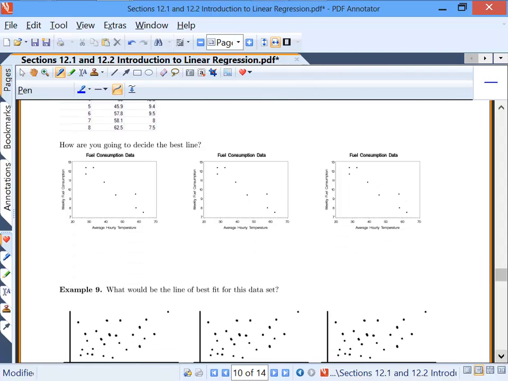Okay. So how would you decide the best line? For this data set, I've drawn the scatter plot. What would the best line look like for you? Everyone on your notes, draw what you think the best line might be.